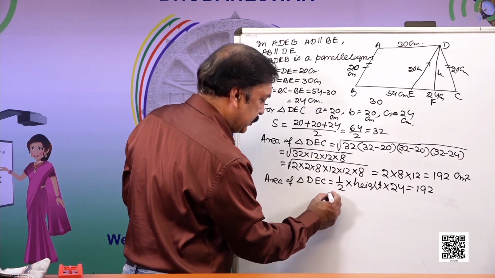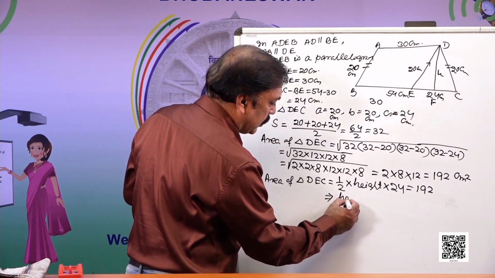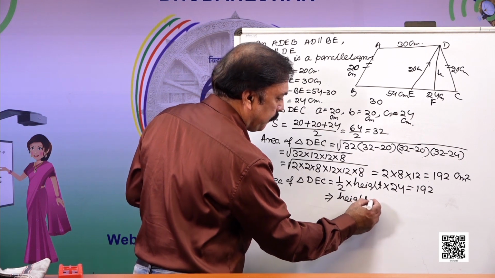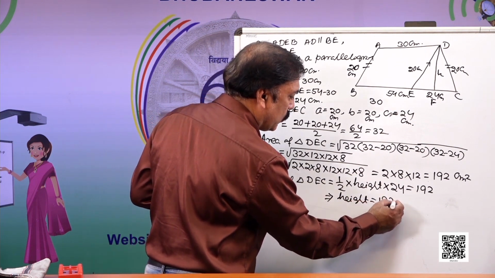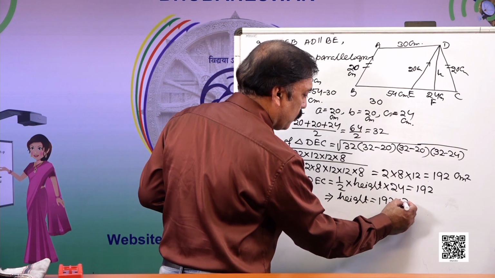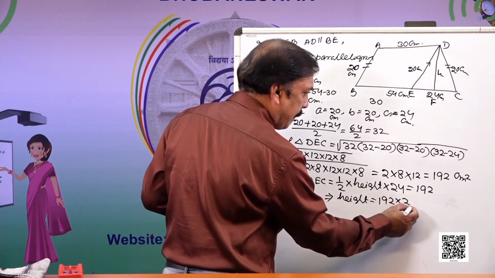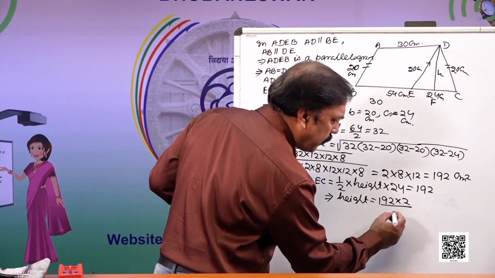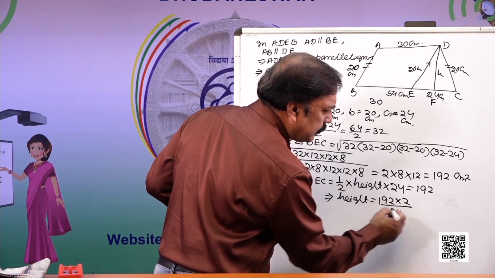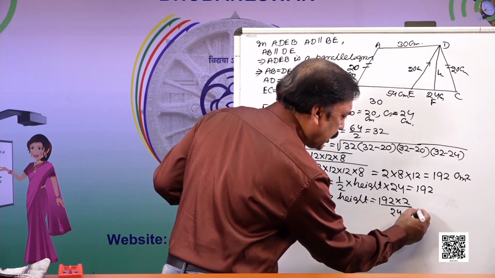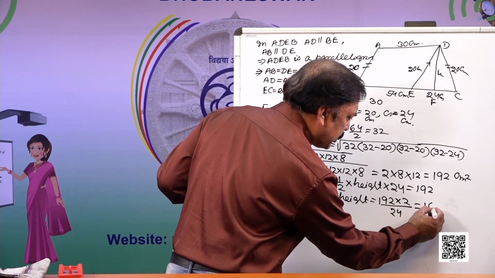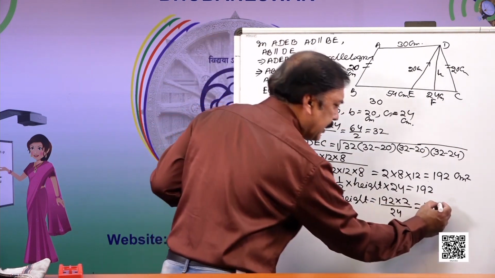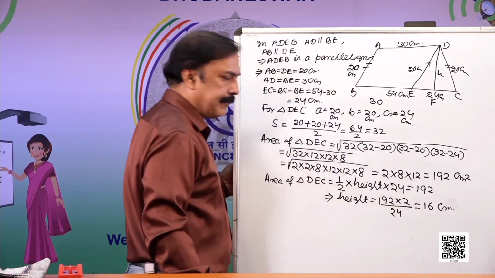This gives height is equal to 192 into 2 by 24, that gives 16. So height is 16 centimeter.